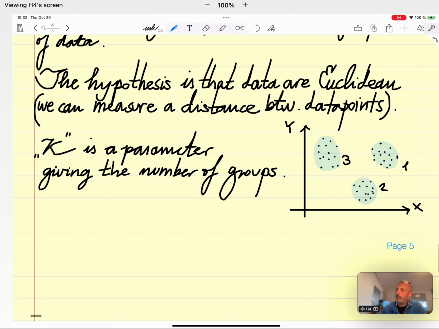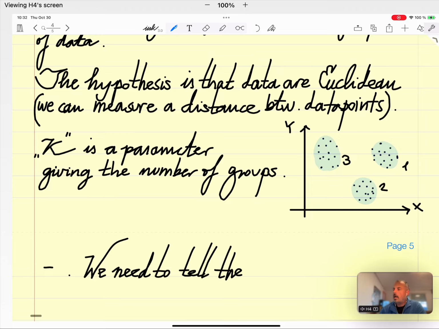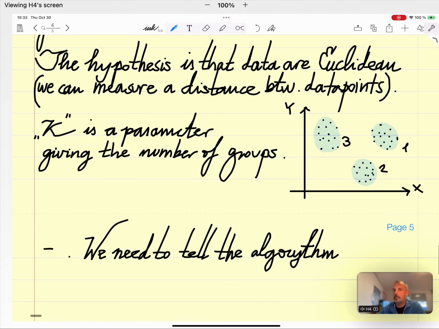So the downside, the disadvantage of this algorithm is that we need to tell the algorithm how many groups we want.